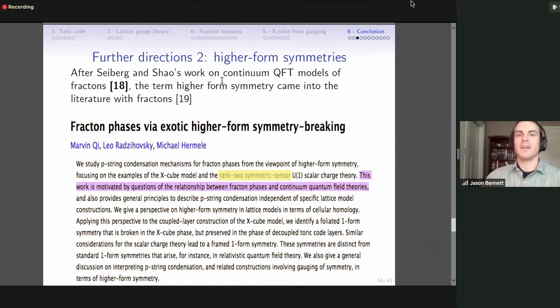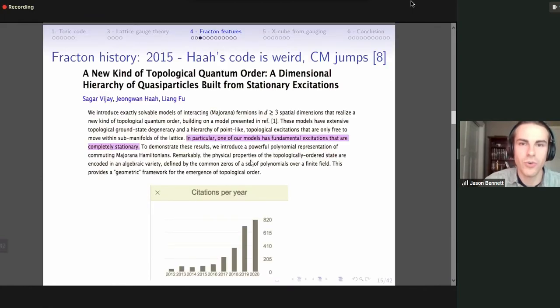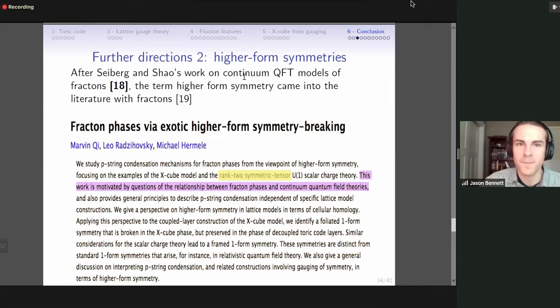And the reason I point out this further direction is Tzu-Chieh Wei, I believe, is coming to Stony Brook in the fall. He's currently a postdoc at the Princeton Institute for Advanced Study, and based on a lot of his work with Nathan Seiberg, which was trying to fit these fractons into continuum quantum field theory language, because at first nothing like that had ever been encountered in either condensed matter or high energy, and so that was their objective.